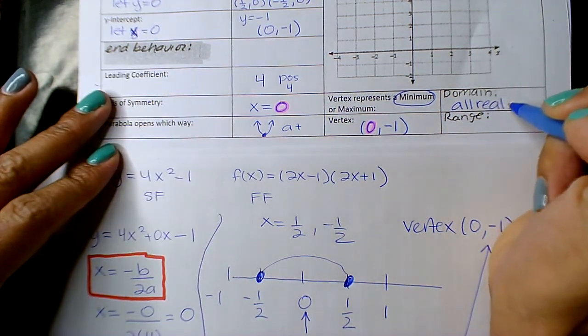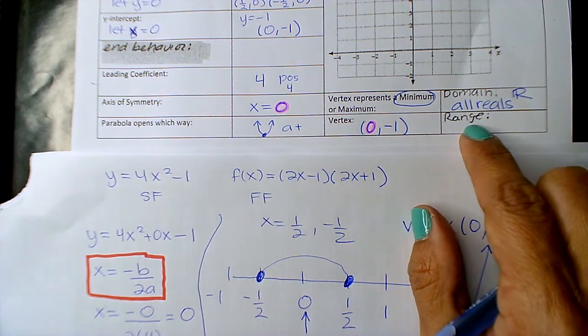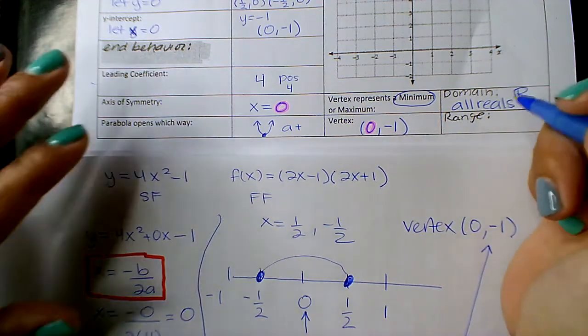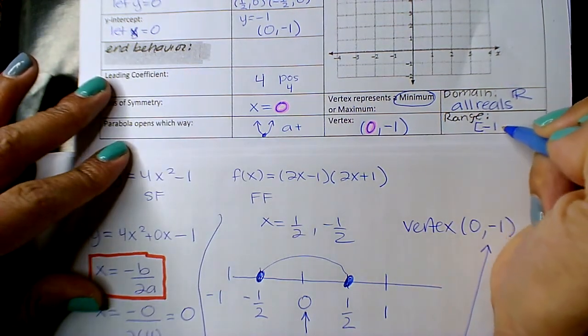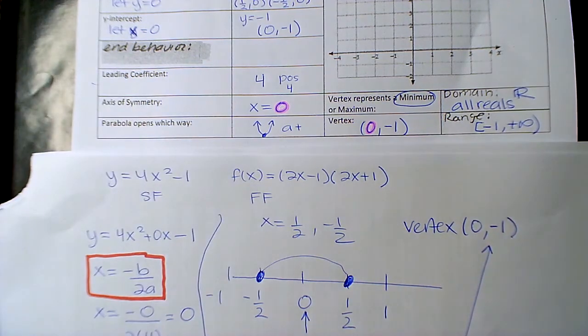You can write it, or you can put the double-struck R. Your range is always based off the y value of your vertex. So because it is concave up, we're going to be at -1, and it's going to be approaching positive infinity. That's a bracket, that's a parenthesis. And then we'll get a graph in a second.